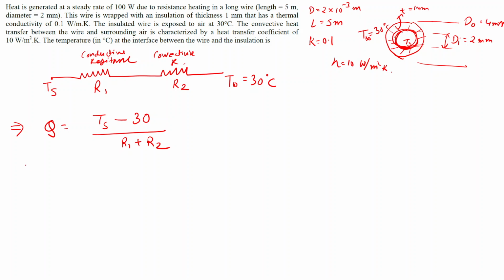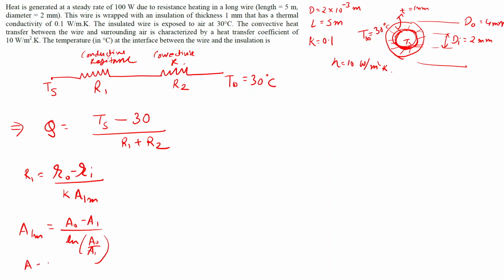Now R1 we can write it as r0 minus ri upon K times log mean area, ALM, that is a log mean area for the cylinder. We can write it as A0 minus Ai upon ln of A0 upon Ai. So area we can replace it as 2 pi rL.